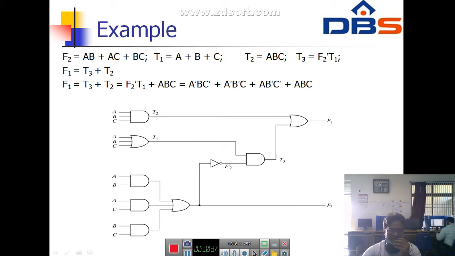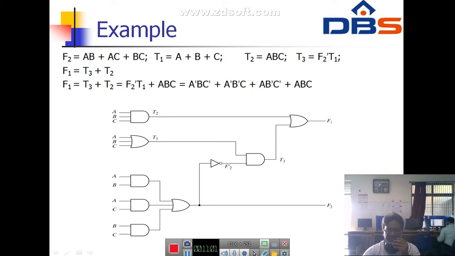Whenever we are observing F2 equal to AB plus AC plus BC, we need three AND gates to get three product terms, that is AB, AC and BC. Combining those three product terms with an OR gate gives AB plus AC plus BC.